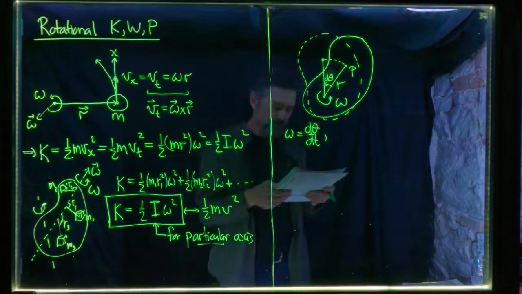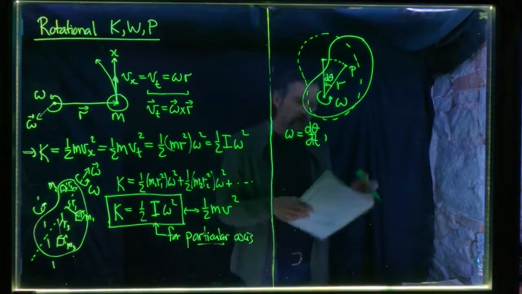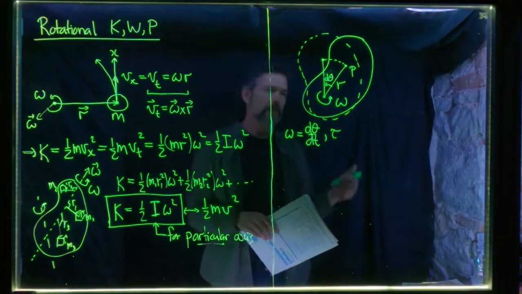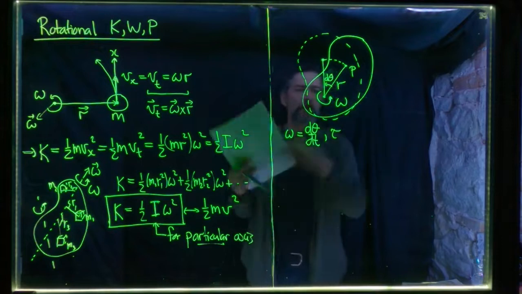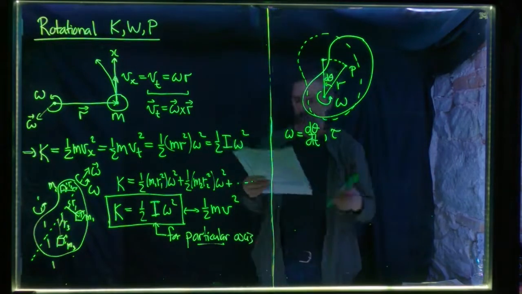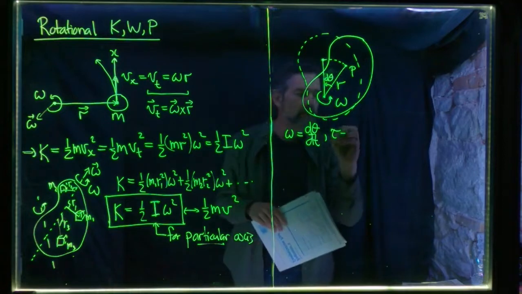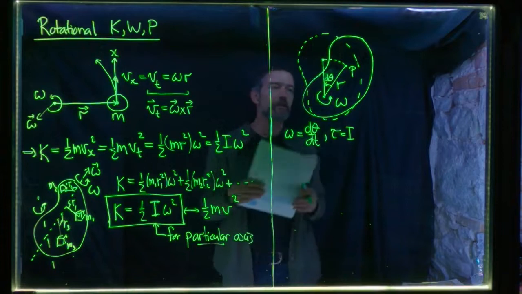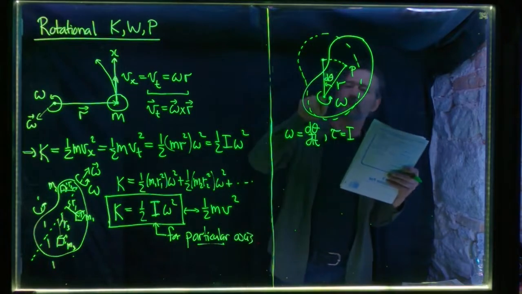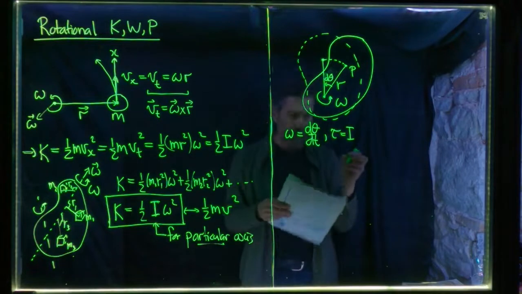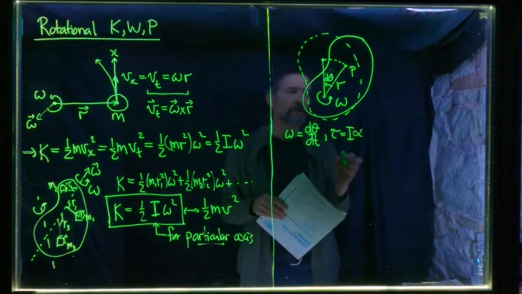Okay, so what we're imagining here is applying a twisting force, a torque, in the counterclockwise direction about the same axis that it's rotating about right now. That's the simplest possible case. And that torque is equal to the moment of inertia of this rigid body for rotation about this axis through that point, times alpha, the angular acceleration.